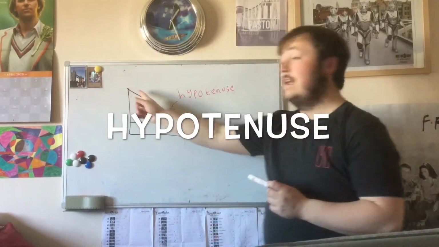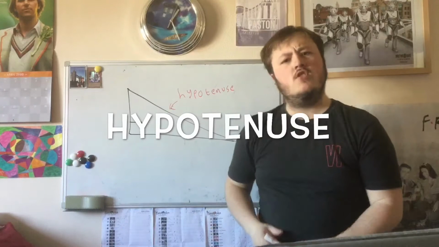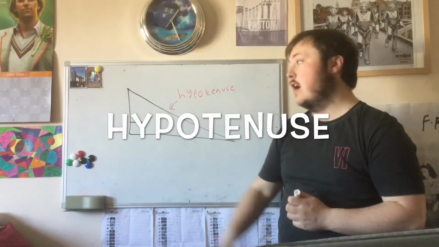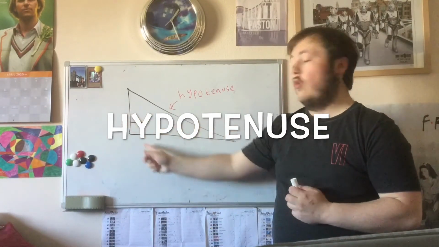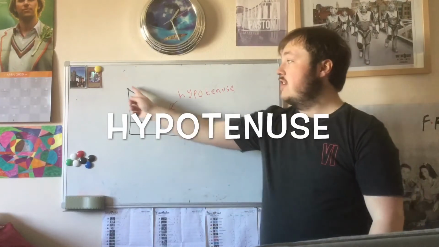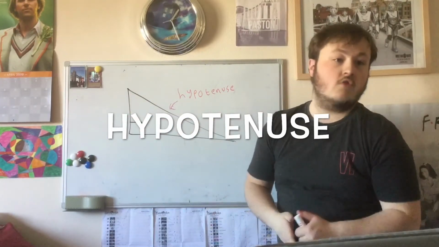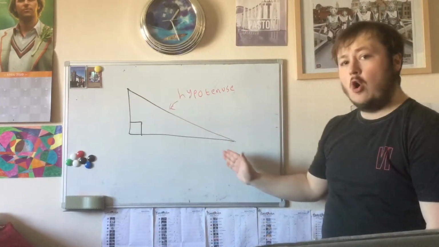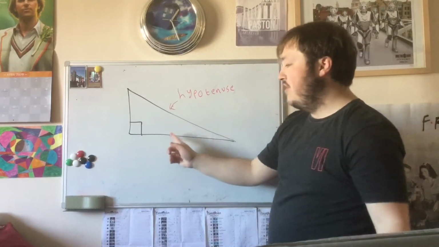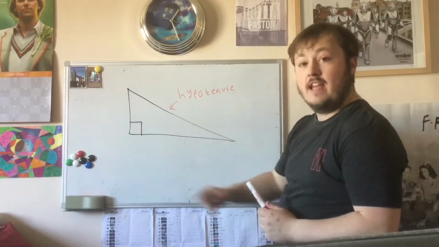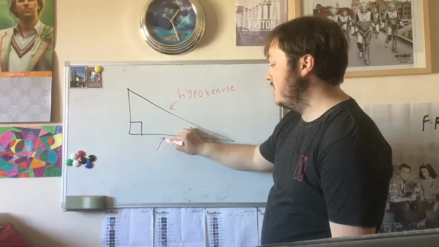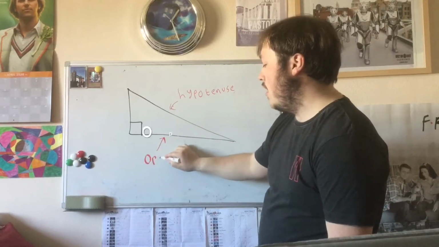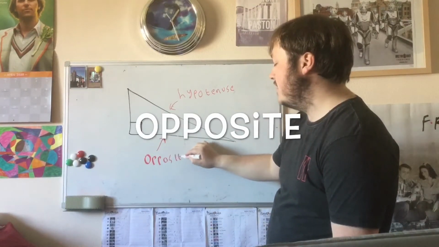That's what the really long side is. The hypotenuse will always be longer than this side or this side. If this side is shorter than either of those, you've not drawn your triangle right. This has to be longer. Now this side is opposite to the hypotenuse. So it's known as an opposite side.